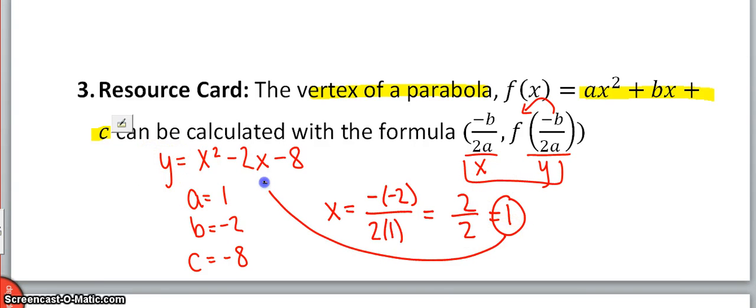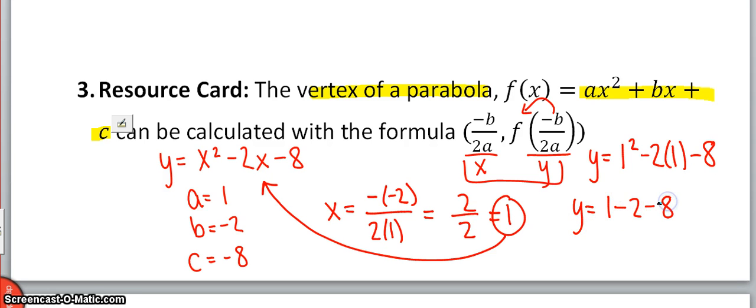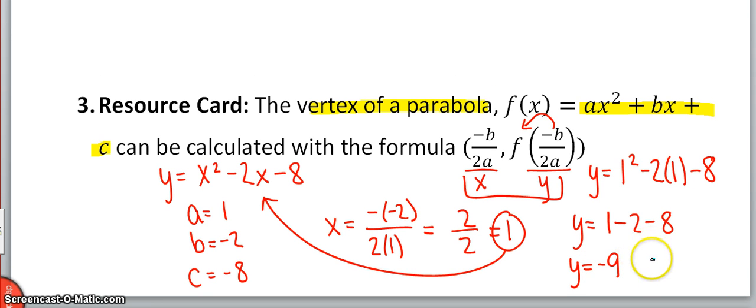So at this x value, what will your y value be? Our y will be 1 squared minus 2 times 1 minus 8. We can evaluate that to be 1 minus 2 minus 8, and what's that? We get negative 10, positive 1, which would give you negative 9. By this formula, our vertex should be 1, negative 9.